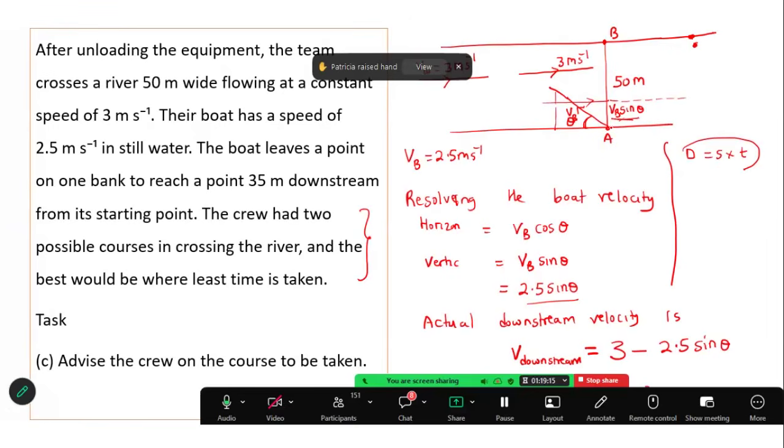Now, when you look at our diagram here, we are trying to find out at what angle you should steer. When we talk about the course, we are mainly looking at the angle. Because they have told us that you have two possible courses in crossing the river, and the best would be where least time is taken. Personally, I first tried to find out if I go like this, which one would take the least time?